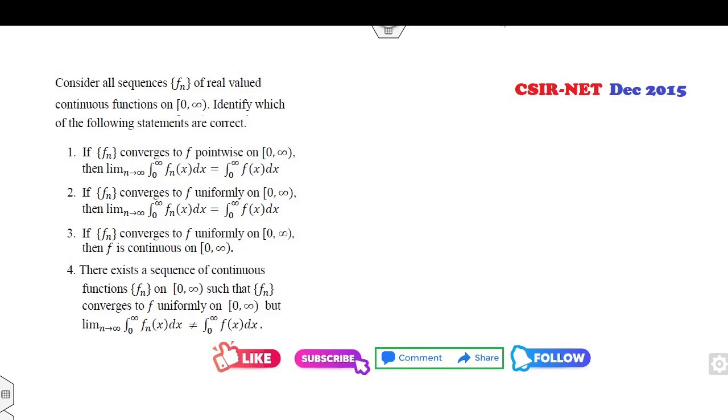Okay, look at this another one. fn is a sequence of continuous functions. Identify the correct statement. fn converges to f pointwise. Fine. Then this limit of fn converges to the integral from 0 to infinity of f. As I told you previously, if it is pointwise and the domains are not closed intervals, the first option is definitely cancelled.